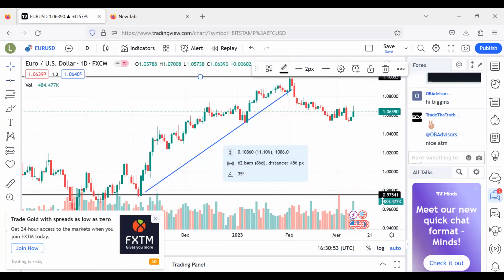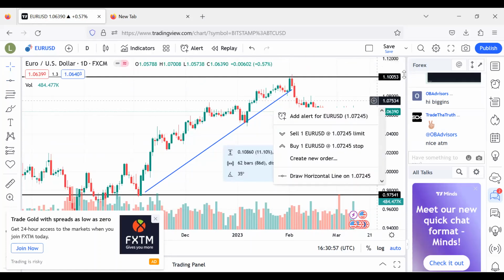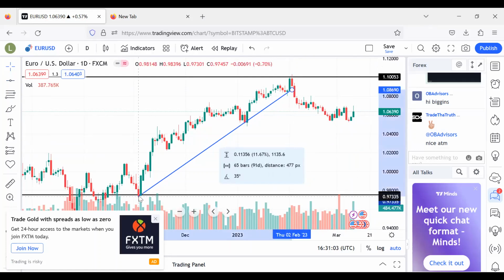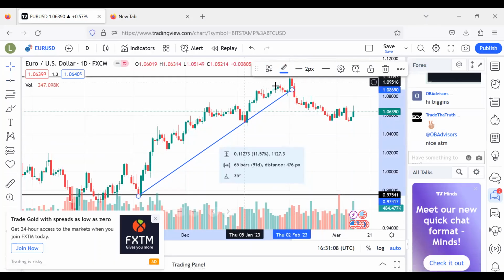It started from 0.97541 and it ended at 1.10053. What happened between here and here is that there was increased demand and little supply, meaning that from here upwards, people were buying a lot. There were a lot of buyers. Look at the green candles, a lot of buyers.